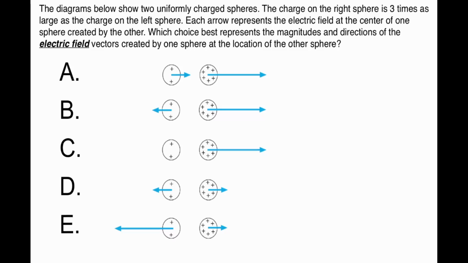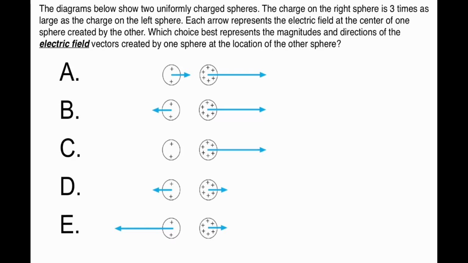What's the trap? What's the confusion between electric field and forces? Are the force and the electric field the same thing? No. What's a force? It's a push or a pull.